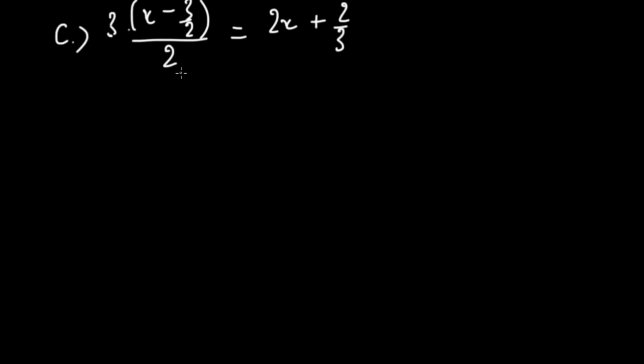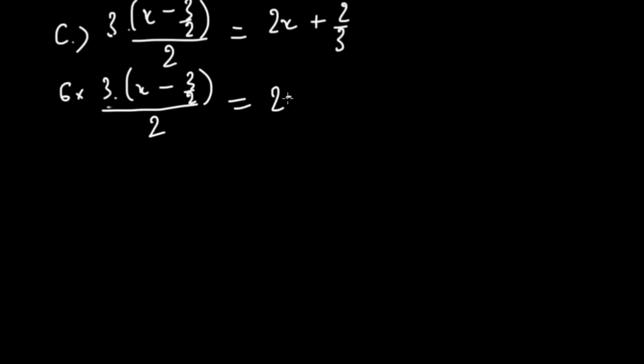And 6 is the least common multiple of 2 and 3, right? So we multiply both sides by 6. 6 times 3 times the quantity x minus 3 over 2, all divided by 2, equal 2x plus 2 over 3 times 6, right?